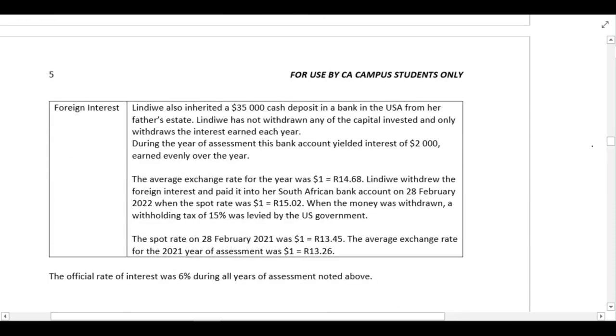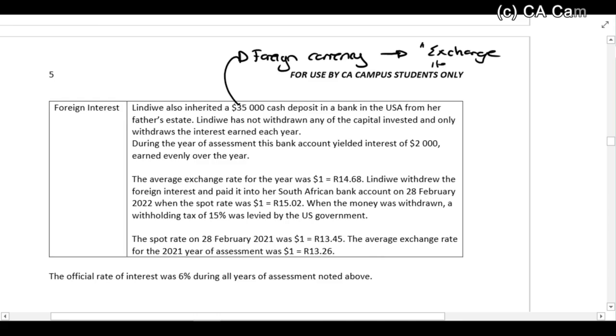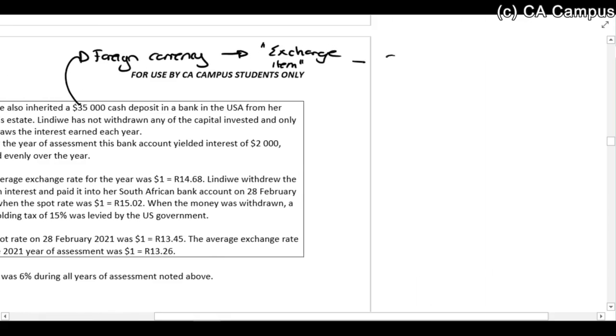Okay, and then we have foreign interest. Lindiwe also inherited $35,000 cash deposit in a bank in the USA from her father's estate. So this is foreign currency. If you see foreign currency, you have to think of exchange items. If you have an exchange item, you have to calculate forex gains and losses under section 24I.